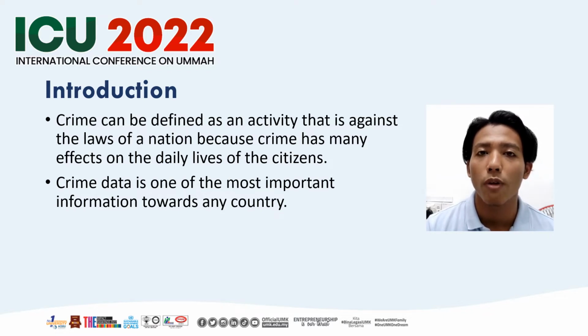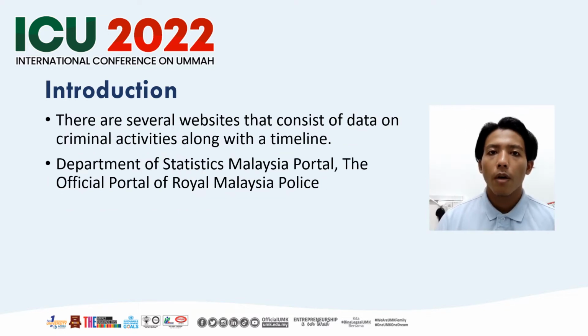Crime data is one of the most important information towards any country. There are a variety of analysis methods and approaches used to visualize large amounts of crime data. For the time being, there are several websites that consist of data on criminal activities along with a timeline.